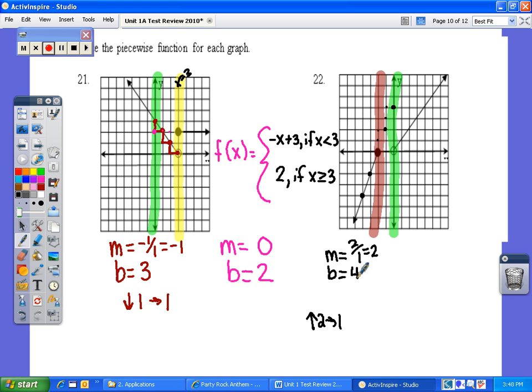So if my line extended, B would be 4. Now on this side, the M is going up 1 over 1, up 1 over 1. So that means your M is just simply 1. Now I'm going to see that the B is right here at 0 and it has an open circle.